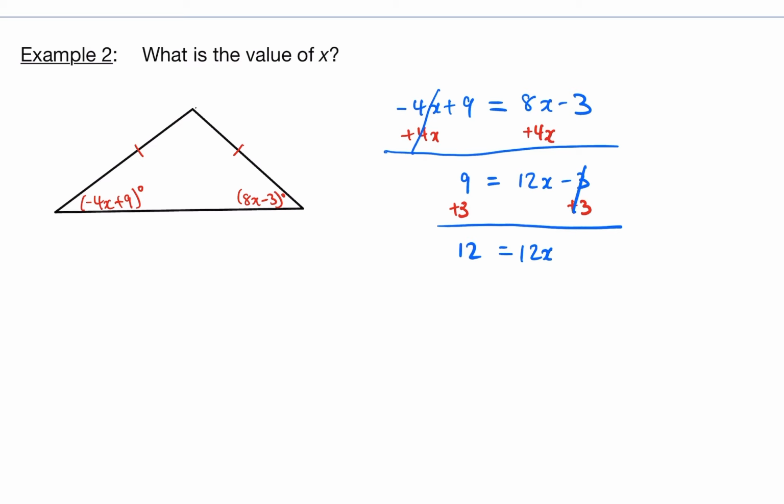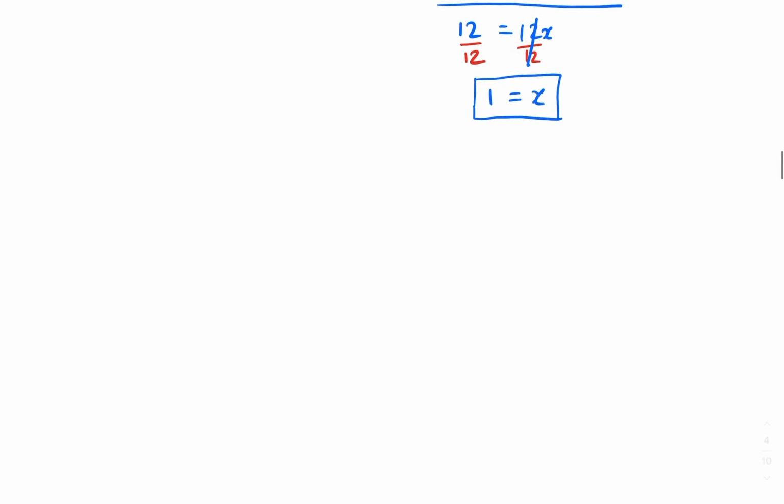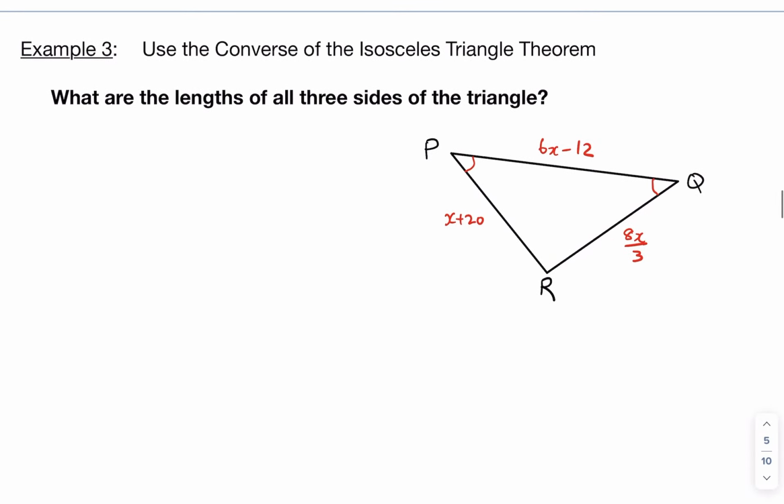The last step is to divide both sides by 12, and we find that x is equal to 1. So that is the answer for this problem. Let's move on to the next example.